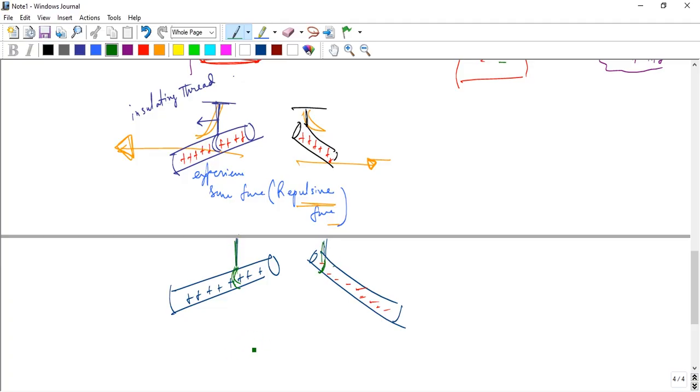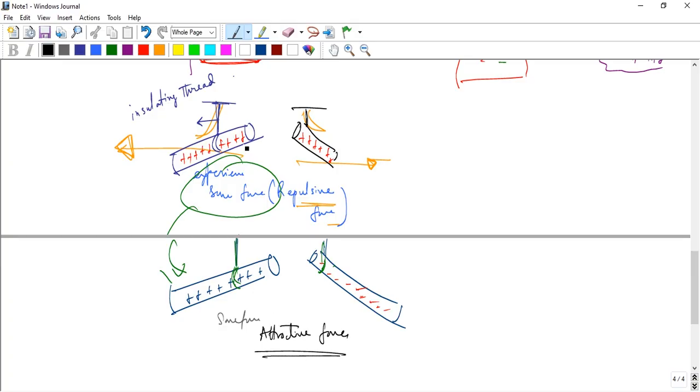So you see that these two rods experience some force, and this force is an attractive force. Previously there was a repulsive force, now there is an attractive force. So we can conclude that the previous experiment showed two like charges, and here two unlike charges.